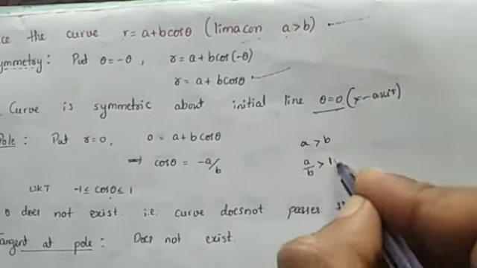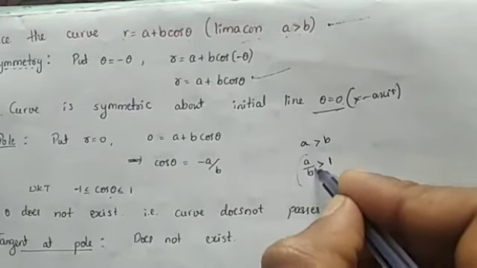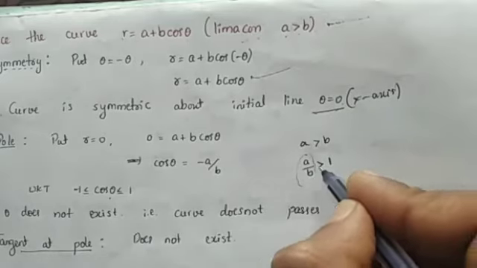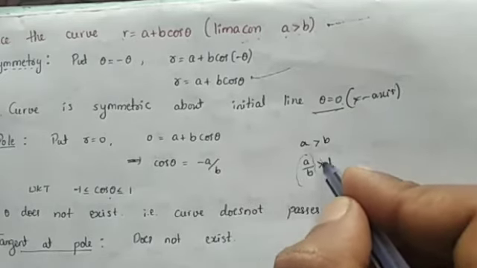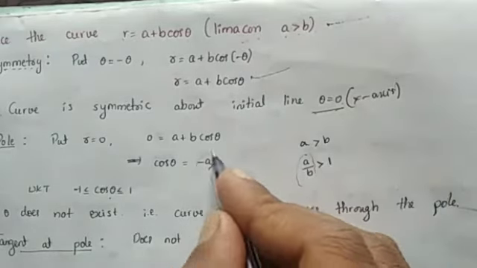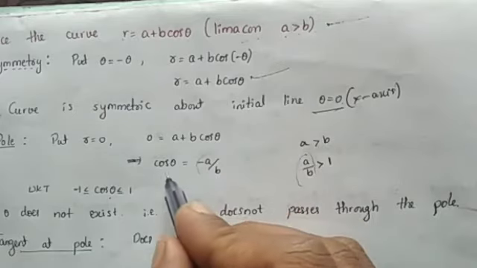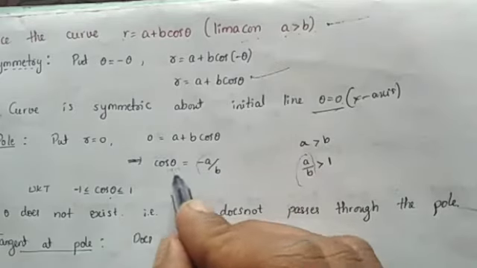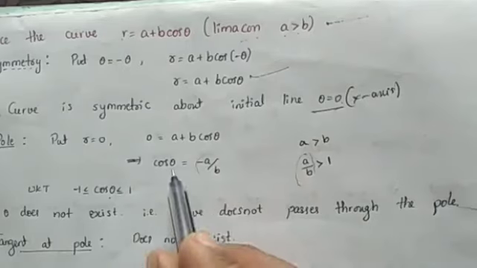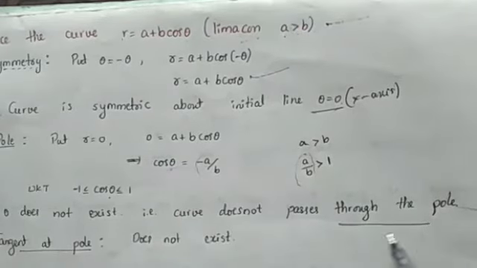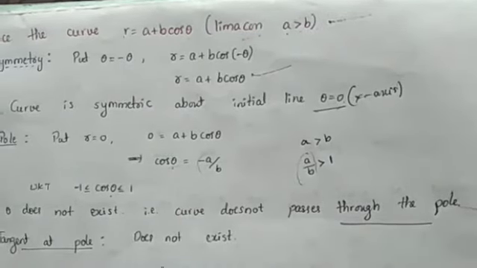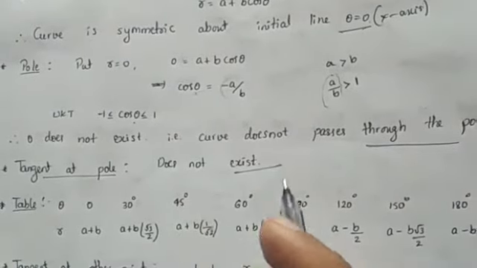So in this case a by b is less than minus 1 in magnitude, so theta does not exist. Therefore the curve does not pass through the pole. The next one is the tangents at the pole, which does not exist.